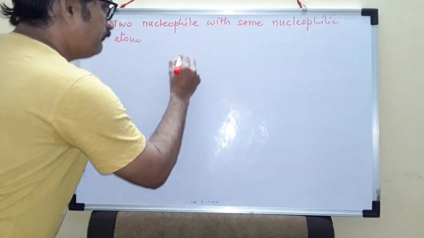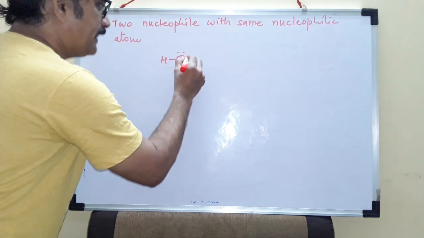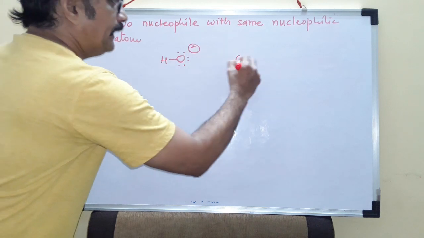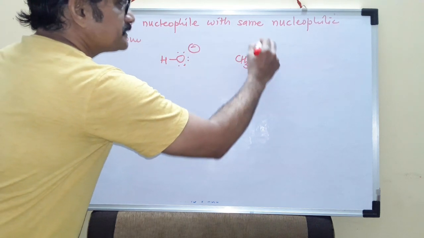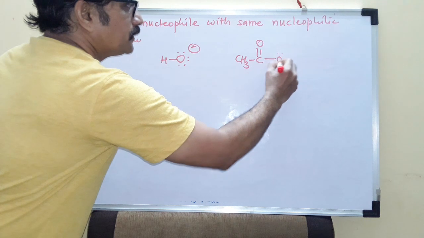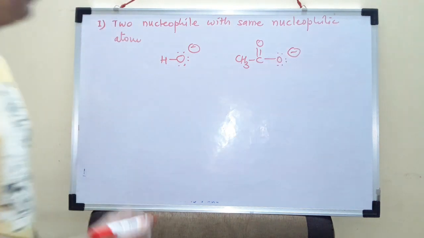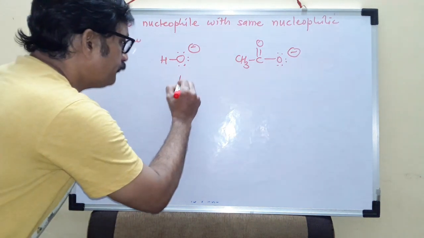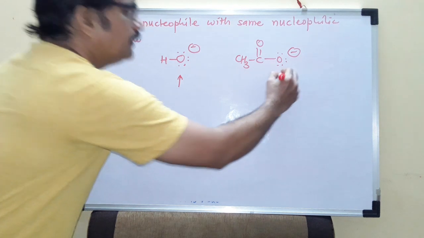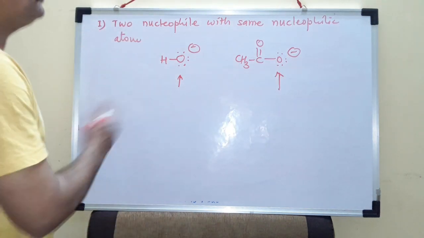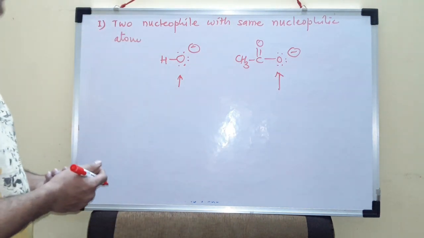I put here one example, the hydroxyl group, and suppose the acetate ion. Both are bases, no problem. Here the nucleophilic atom is the same, oxygen. Now the problem is which is more basic and which is more nucleophilic.